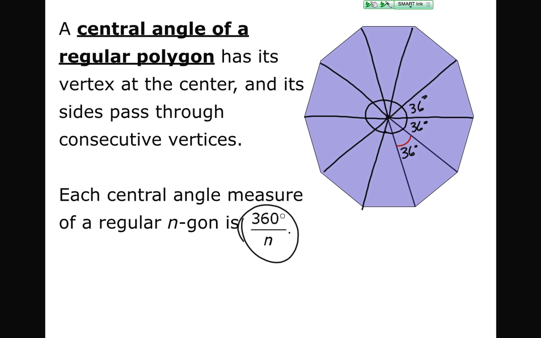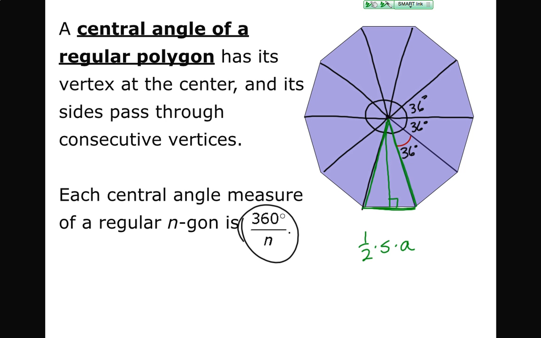1/2 times base times height. So 1/2 of this edge times the height, which is called, look at your notes, what's that called? Apothem. Okay. So if you took 1/2 times the side times the apothem, that would give you one of these triangles' area.